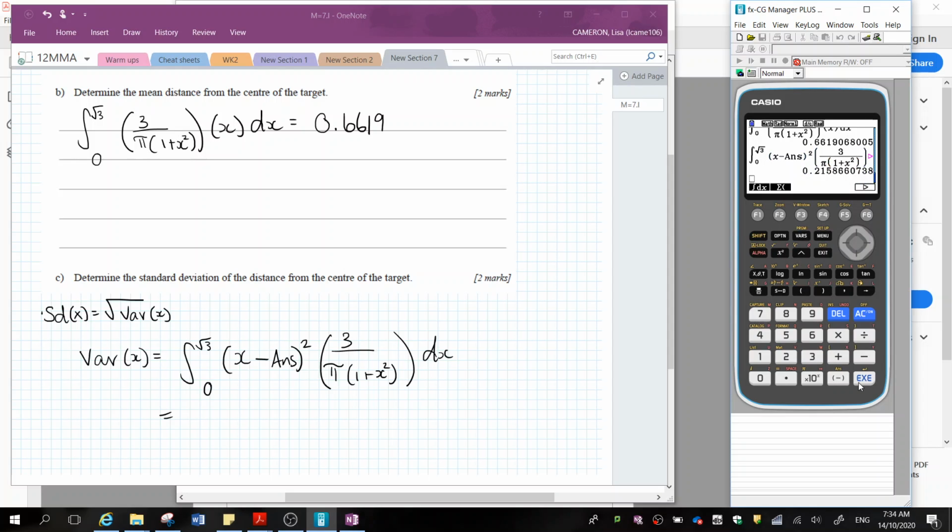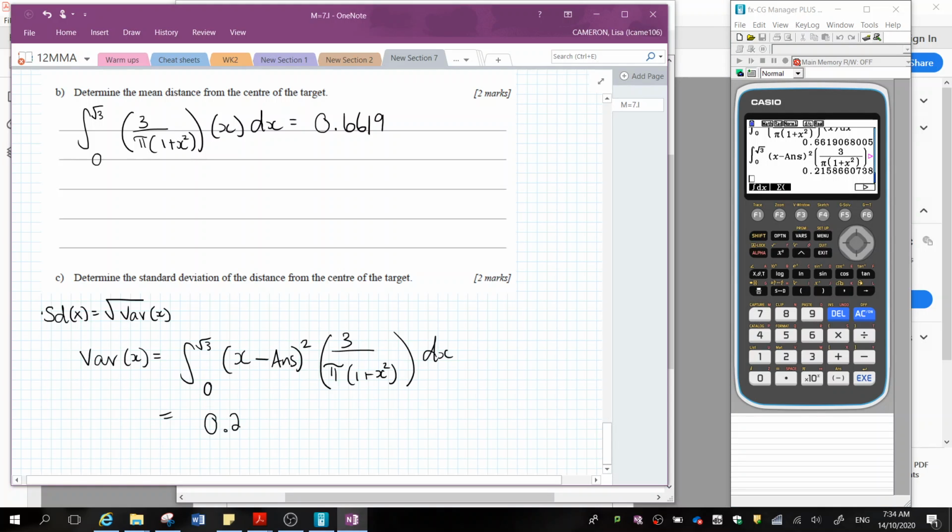Okay, execute. Okay, so that gets us the answer of 0.2158. So my variance here is going to be 0.2159, as the 8 will round up to a 9.